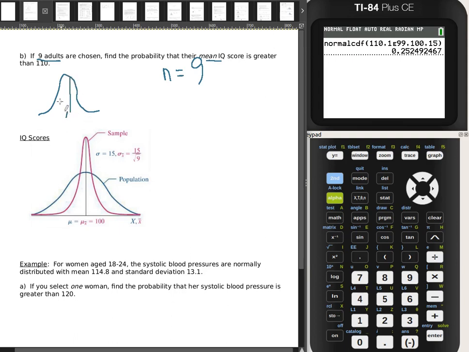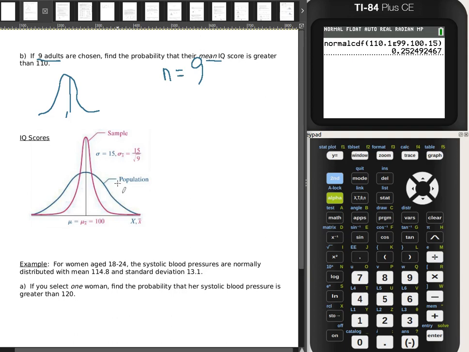But the shape of this distribution, as you see in this picture down here, is affected by the fact that n is 9. This pink one, or whatever color you're interpreting this to be, would be the sampling distribution of the sample mean, and you notice how it has an even higher peak and it's even more narrow than just a regular normal distribution.